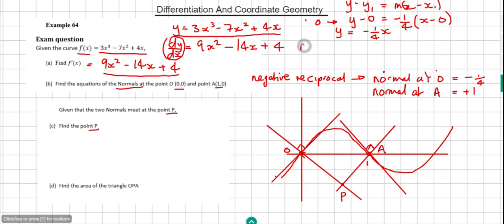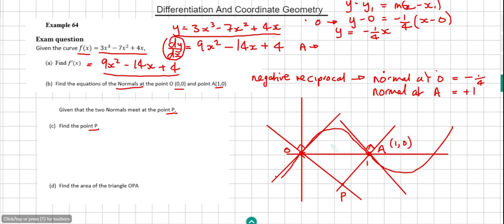If we look at the equation of the normal at A, we can use the same y minus y1 equals m, x minus x1. This time the coordinate for A is 1, 0.